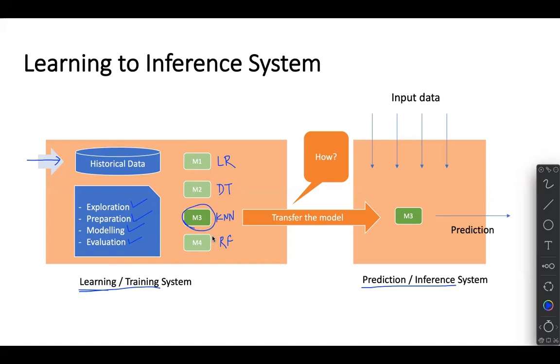Then we will take that model and deploy it to the production system or inference system for making predictions on the new data. We don't need to carry any of this data and all that exploration, preparation, and modeling that you have done so far. All that we need to carry is the model to the inference or prediction system.